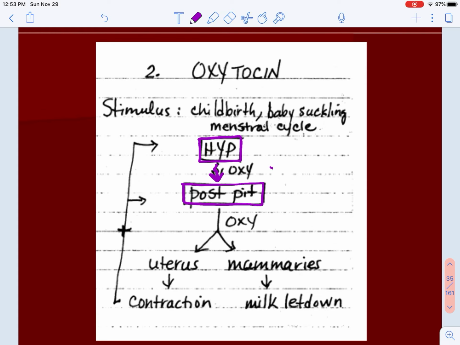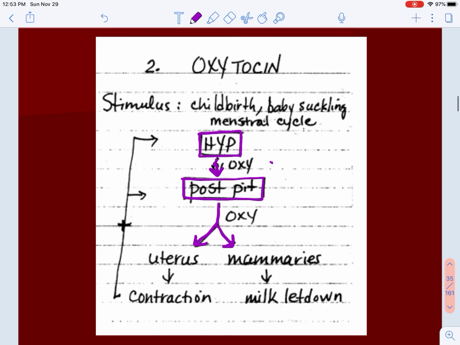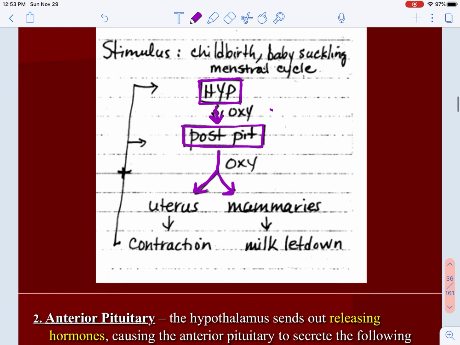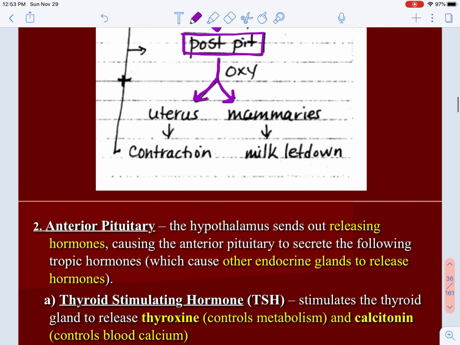These are the only two where this happens, where it trickles down from the hypothalamus. When these stimuli are detected, oxytocin will be put into the bloodstream and will be able to contract the uterus and do the milk letdown. And so you guys should record this second feedback loop.